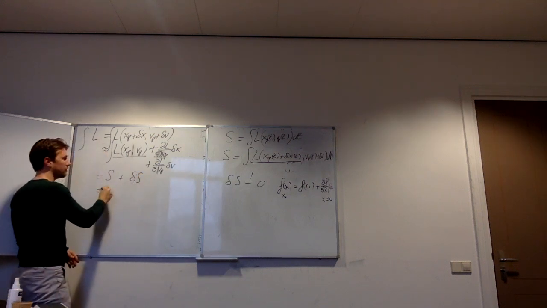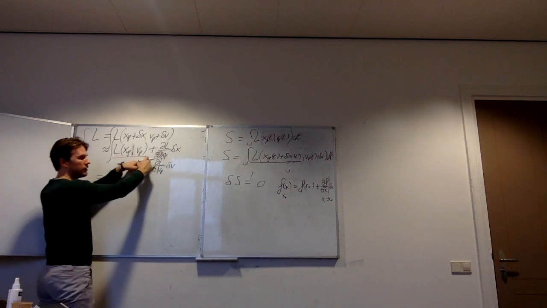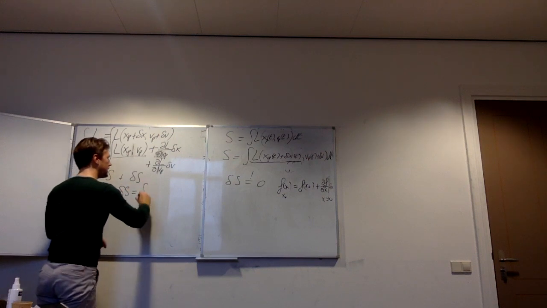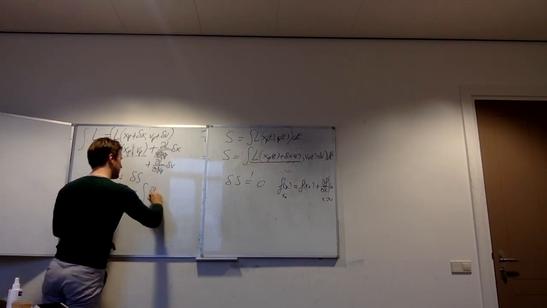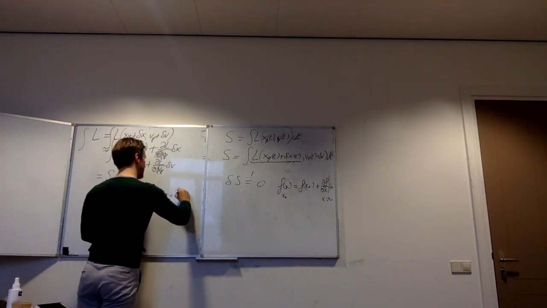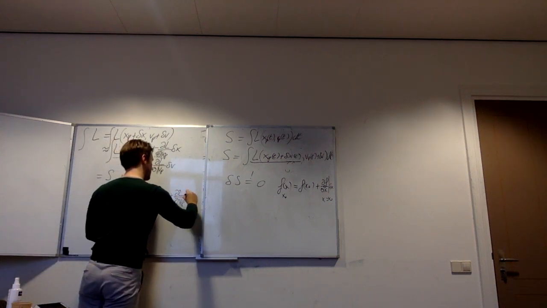So what is delta S? Just by reading off: if this is S, the rest must be delta S. Delta S apparently is equal to dL/dxp delta x plus dL/dvp delta v.